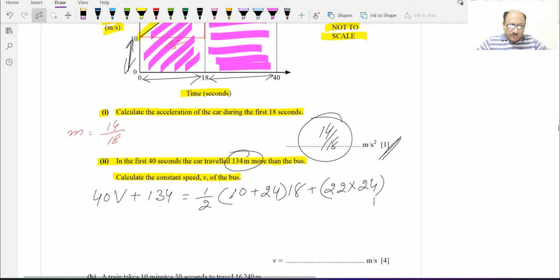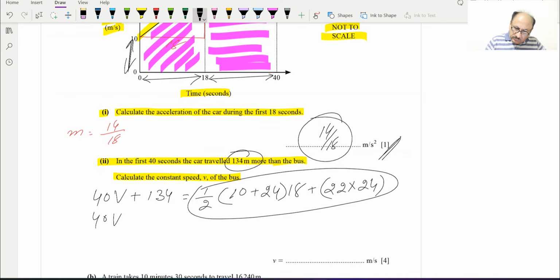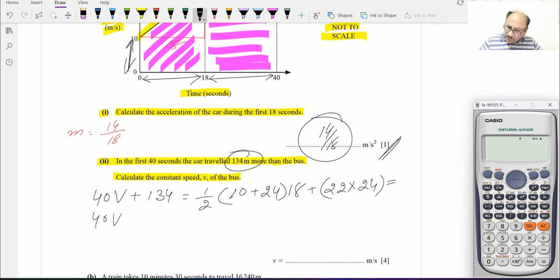Now we can calculate the value of v. So 40v will be equal to this whole thing: 1 over 2, times (10 plus 24), multiplied by 18, plus 22 multiplied by 24, and this is 834.